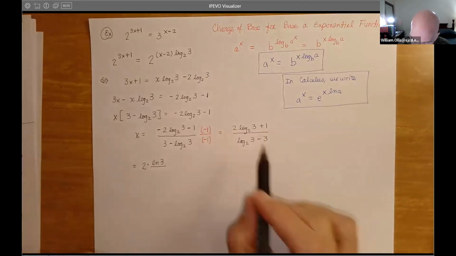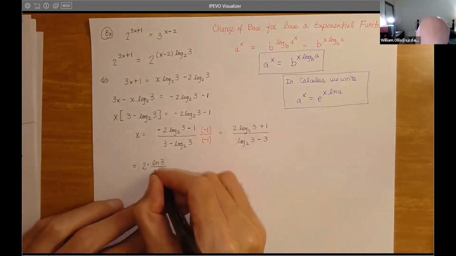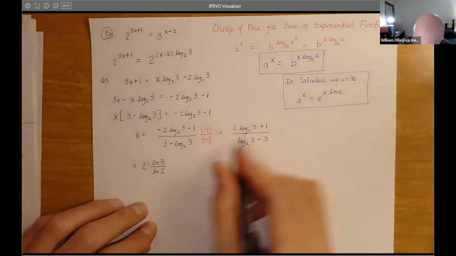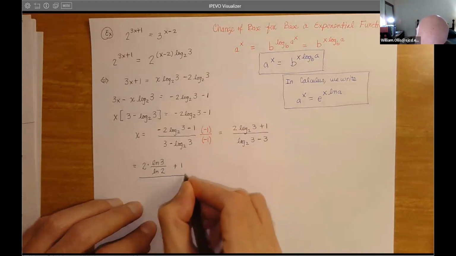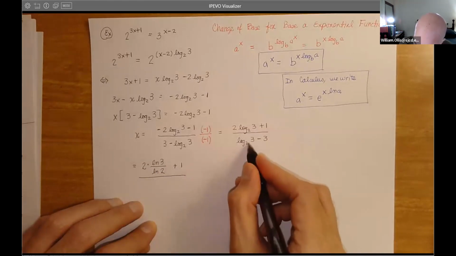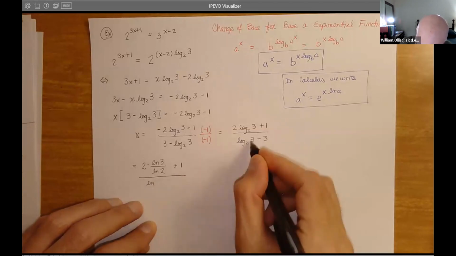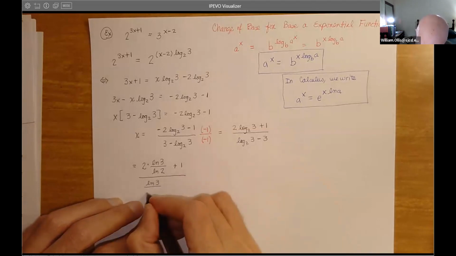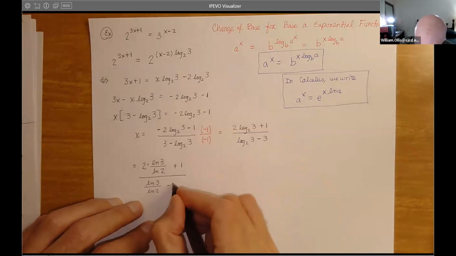And then you're thinking, okay, so what do we take now? The natural log of the old base. So this will be ln of 2. And then over here, we've got a plus 1. Let's do the same thing here. It's going to look the same. We're going to convert to base e. So we have natural log of 3 divided by the natural log of the old base, natural log of 2, minus a 3.